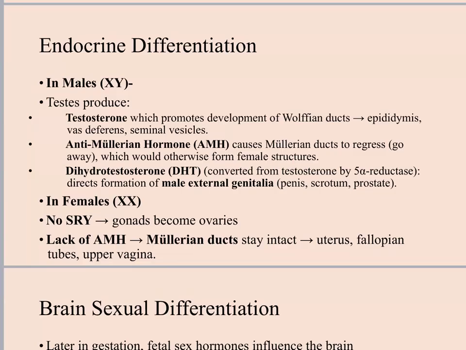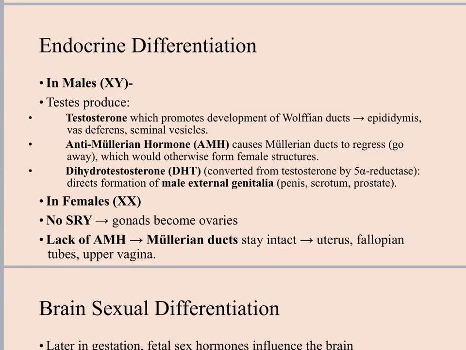Testosterone is the male sex hormone, but females have testosterone as well, and males have estrogen too. So it's not just strictly one or the other, but for purposes of this lecture, we're just going to stick to talking about each sex hormone with who they primarily belong to.